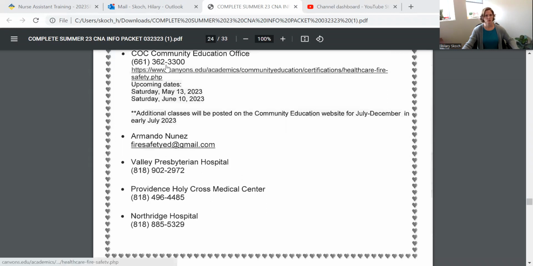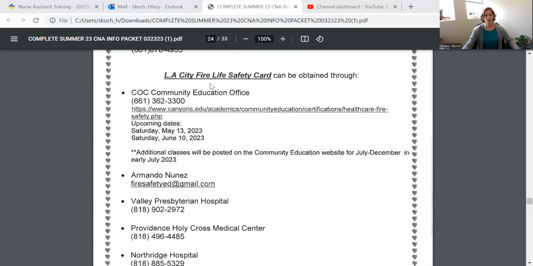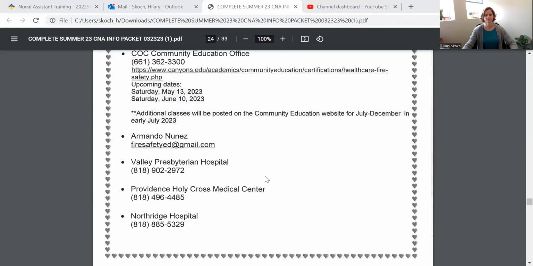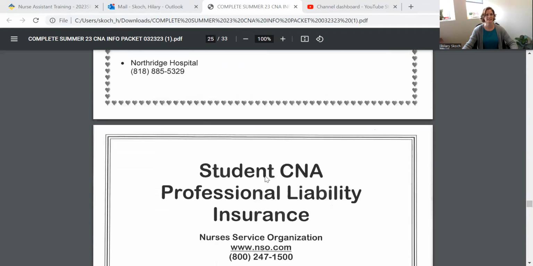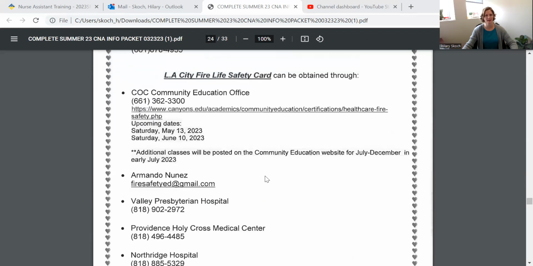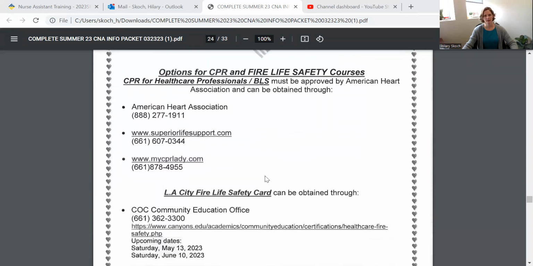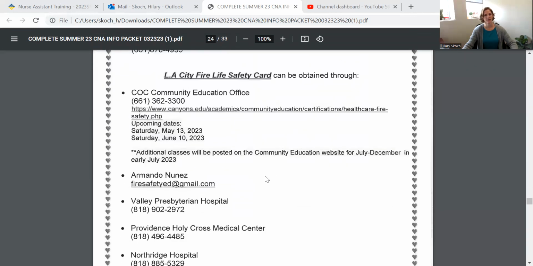But we recommend you first start with the COC Community Education Office at this website or contacting Armando Nunez. The fire card is good for 4 years. It is not an option. It is mandatory to get the BLS and the fire life safety card, and it has to be current. Both have to be current.